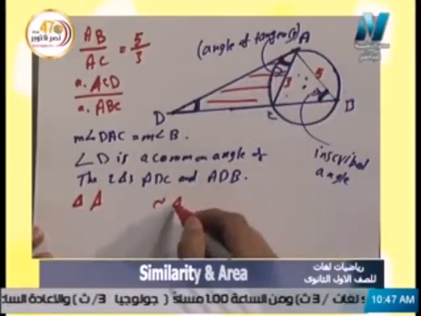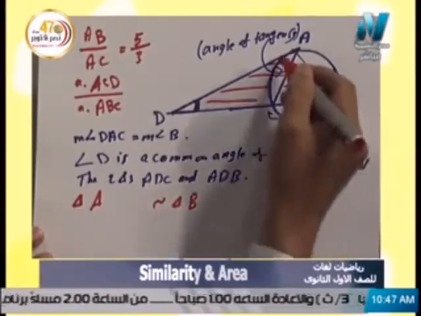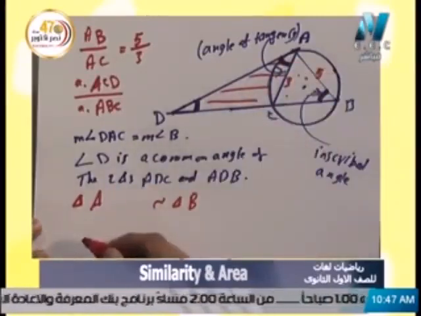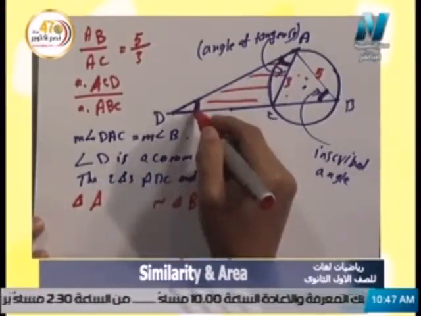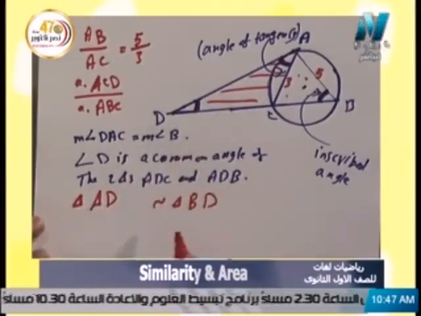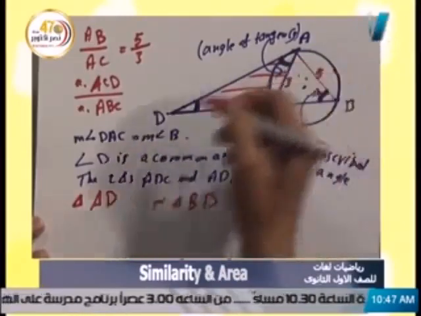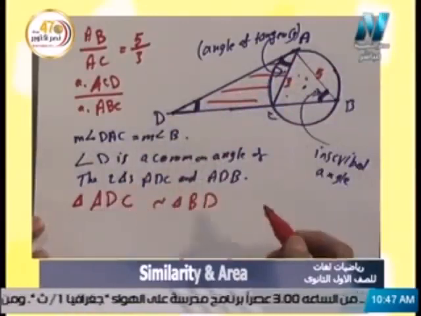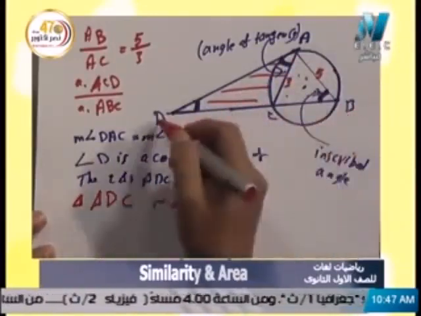So in the next triangle, we will start with B, because the angle B here equals the angle A. And D is the common angle in the two triangles, so we write D here and D here also. What's the rest? Triangle ADC is similar to triangle BDA.